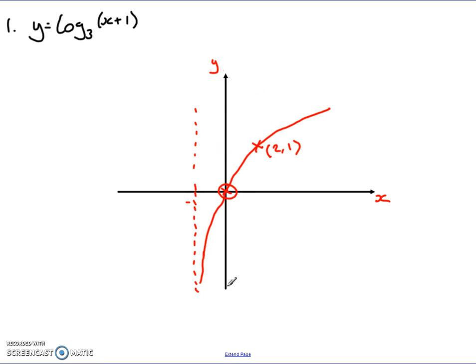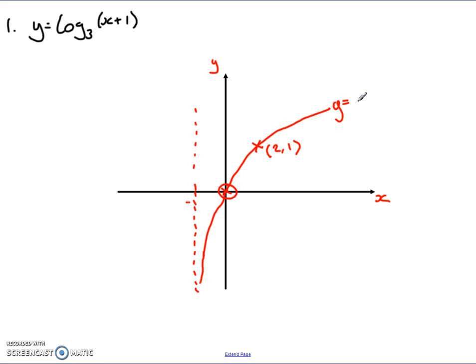Remember, you can't go below the y-axis for a normal logarithmic curve because it doesn't exist. You can't take the logarithm of a negative number, so it won't exist beyond the y-axis in x. This line just shifts to negative 1, because now I can get everything down to negative 1, but if I start at negative 1 and go beyond, I start taking logarithms of negative numbers. So the graph looks like that.